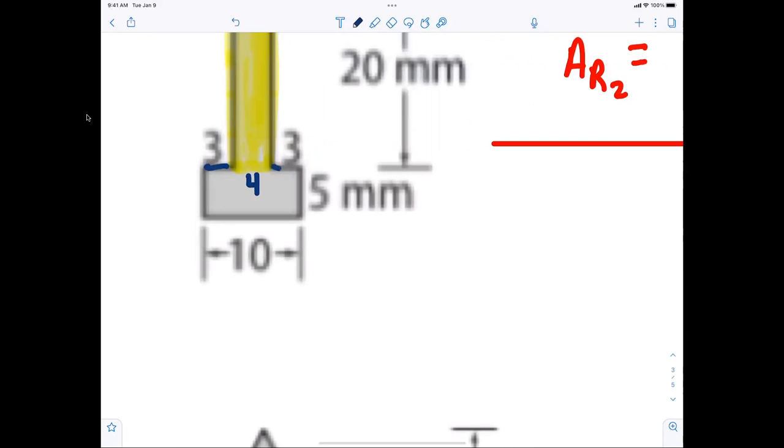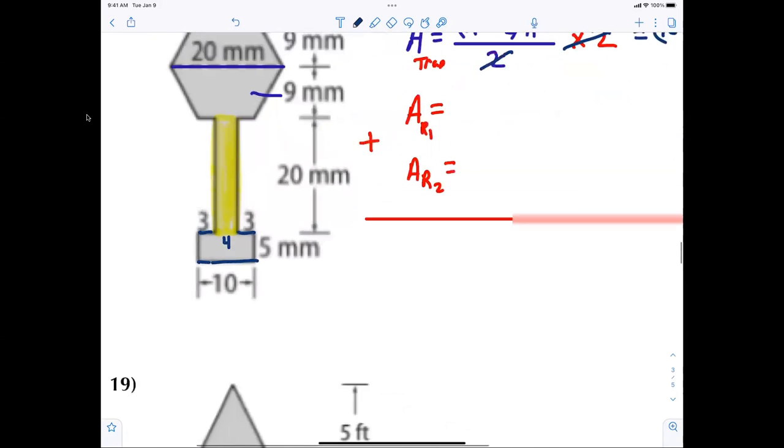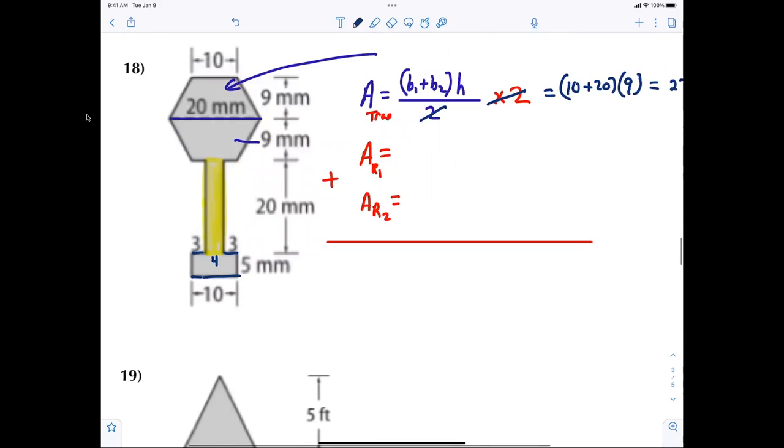Because 3 plus 3 subtracted from 10 gives me 4 left. So rectangle 1 is equal to, what are the dimensions again? 20 by 4, which is equal to how much? 80 millimeters squared. And the last rectangle, what are we doing on that one?